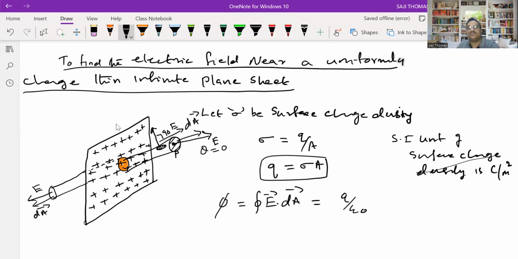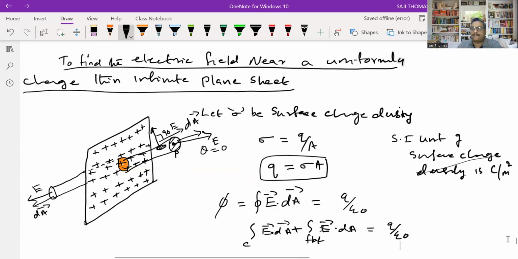I am splitting it into two: integral over the curved surface of E dot dA plus integral over the flat surfaces of E dot dA equals q by epsilon 0.